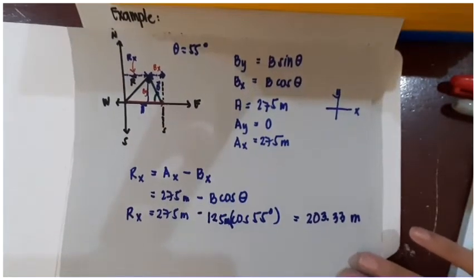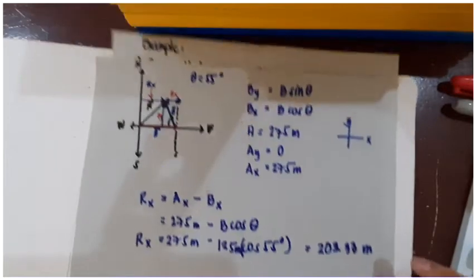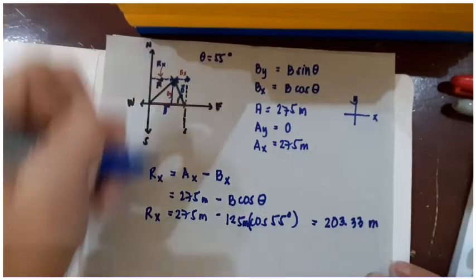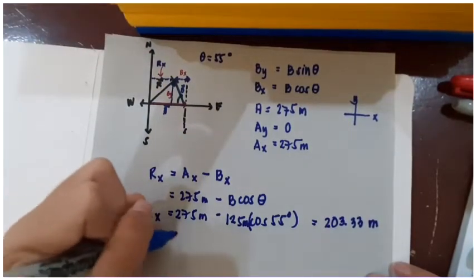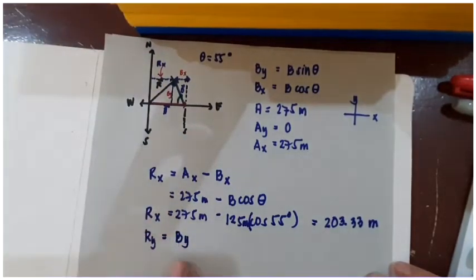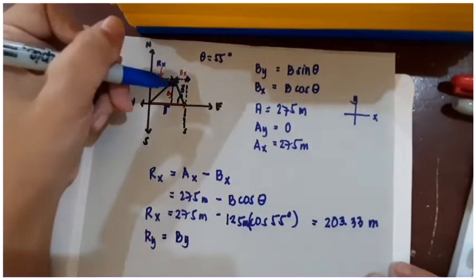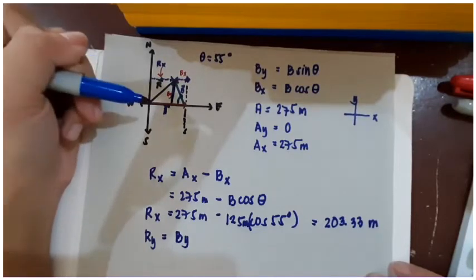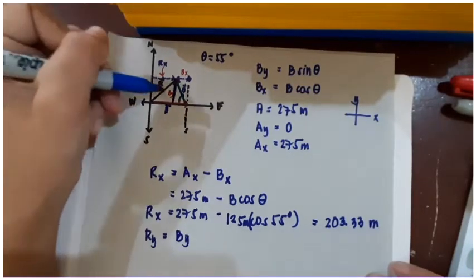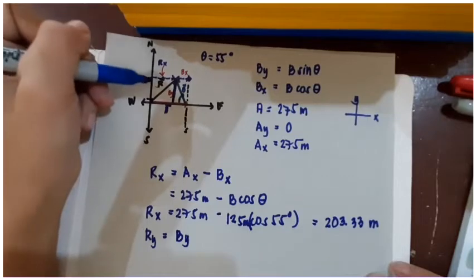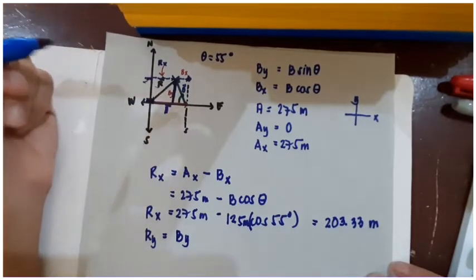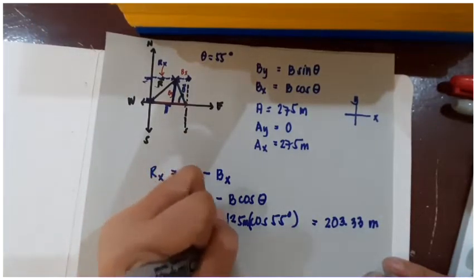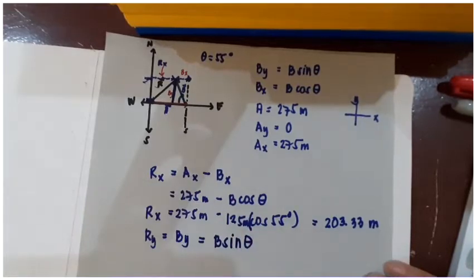Now, what about for your ry? So si y ni r is just equal to your y component ni b. Or your y component for vector b, equal lang yun siya kay y component ni vector r, which is b sine theta.